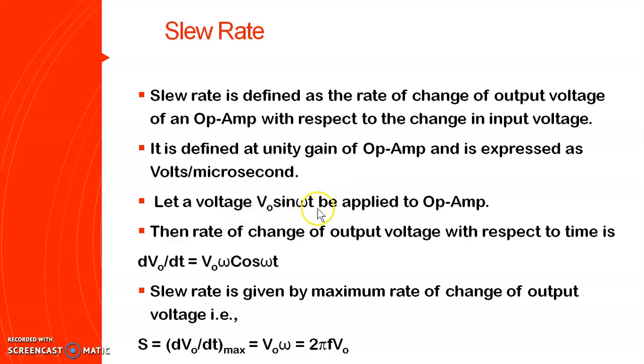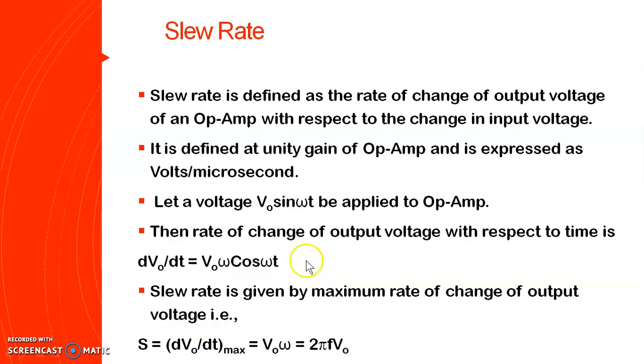Now let us say you apply some sine signal V0 sine omega t to an op-amp. Now rate of change of output voltage is nothing but dV0 by dt. So when I differentiate this, we get dV0 by dt as V0 omega cos omega t. What is slew rate? It is nothing but the maximum rate of change of output voltage.